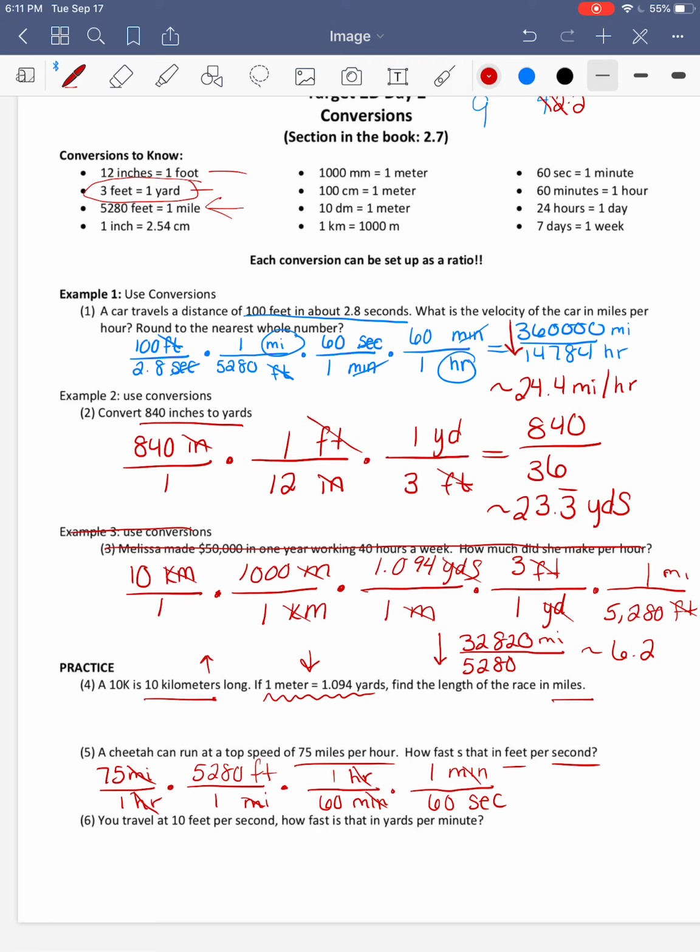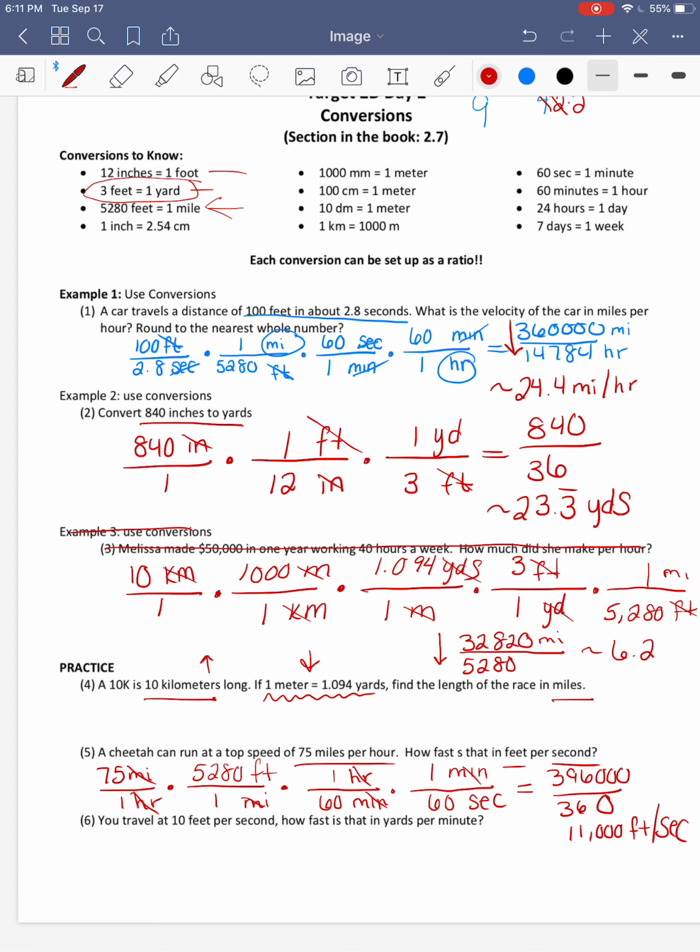Woohoo, we're good. So now I can multiply straight across, and that gives me 396,000 all over 360. So that comes out to be a real nice number of 11,000 feet per second.